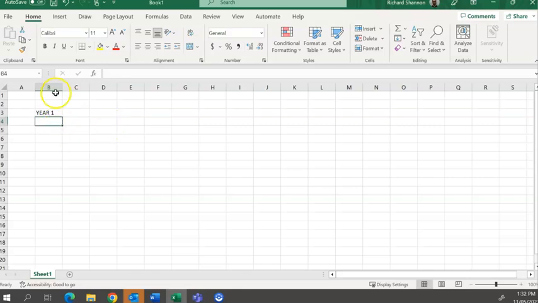So I've got B3 there. Follow along with me. B3, I said year one. Now we want to know, what are we going to start this account off with? In the next one there, B4, I'm going to put starting amount equals.